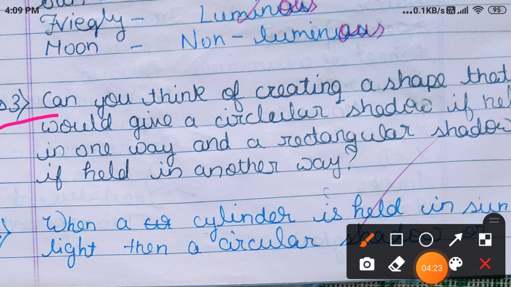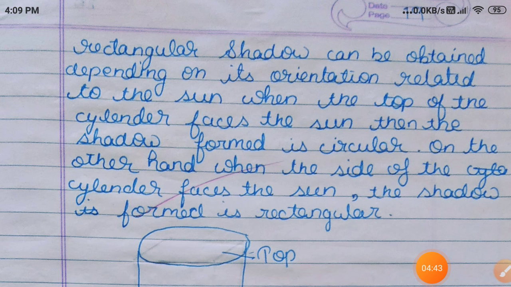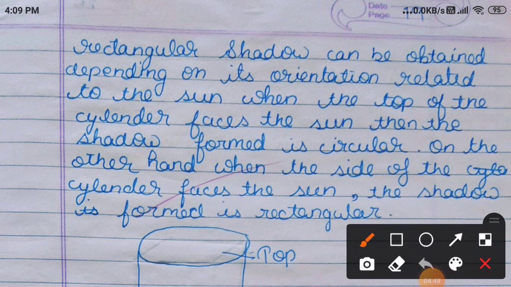Question number 3. Can you think of creating a shape that would give a circular shadow if held one way and a rectangular shadow if held another way? Answer: when a cylinder is held in sunlight, a circular or rectangular shadow can be obtained depending on its orientation relative to the sun.